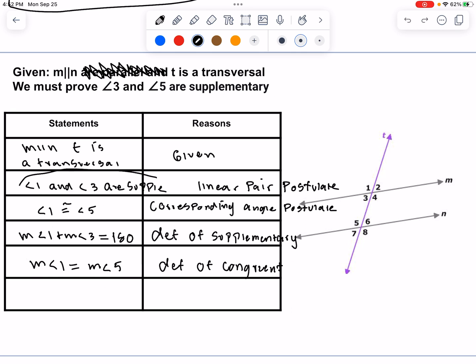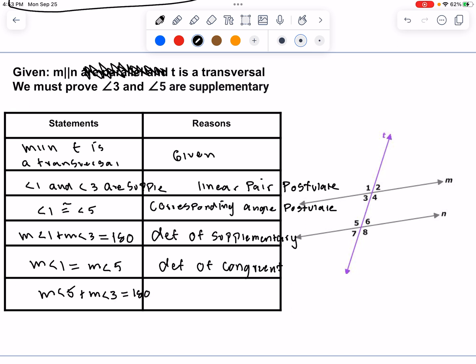And since these are supplementary, that means they add up to 180. Now we're trying to show that 3 and 5 are supplementary. Well, 1 and 3 are supplementary, but 1 is equal to 5. So I could replace this 1 with 5. I'm just going to write this equation again, but I'm going to replace 1 with 5.